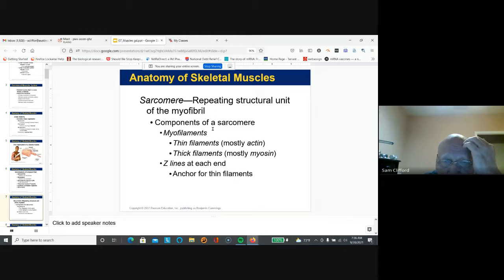Muscle is just sarcomere after sarcomere. It's made up of myofilaments: thin filaments actin, thick filaments myosin, and Z-lines at each end of the sarcomere, which anchor the thin filaments.